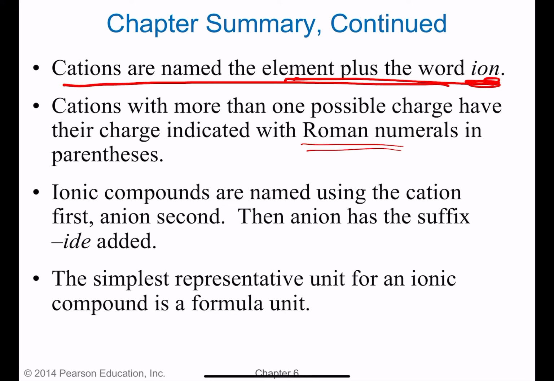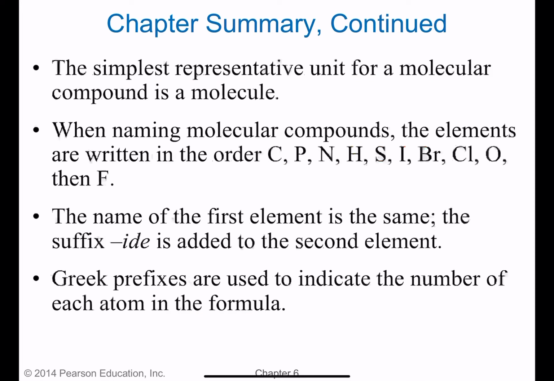Ionic compounds, when we're talking about the anion, we're using that IDE ending, so bromine becomes bromide, chlorine becomes chloride, etc. For ionic compounds, we use formula unit for the simplest representative unit. For covalent compounds, we just call it a molecule. So the simplest representative unit for molecular compounds, where it's covalent bonding, is just called a molecule.